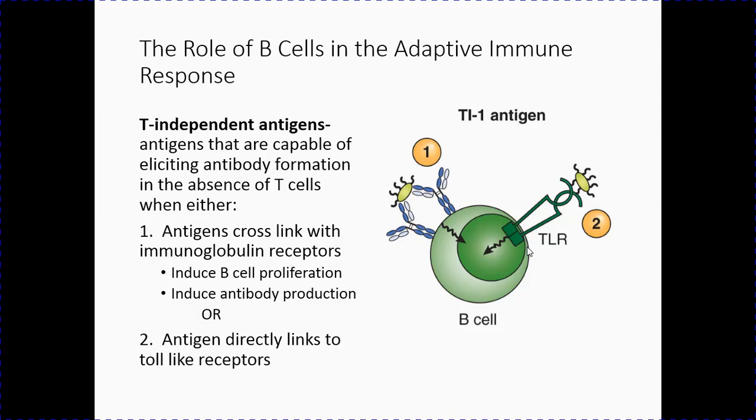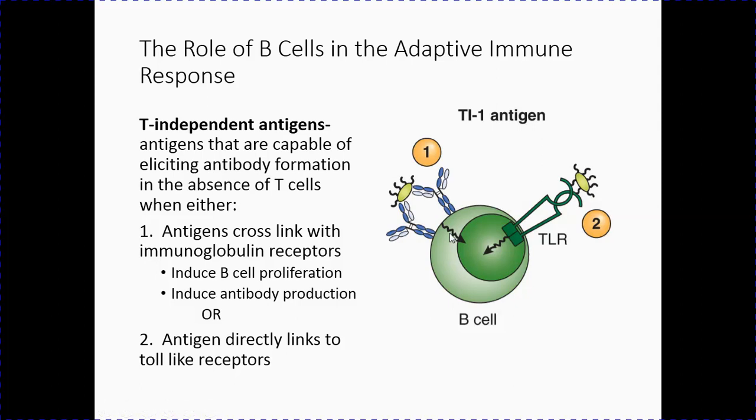We do not need T cells for the T-independent response. What happens though is we have the capacity for, again, here's a foreign antigen. Several epitopes on the antigen cross-link and bind to multiple antibodies on the surface of the B cell and cause antibody production.